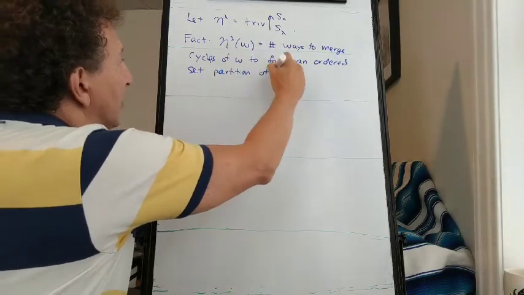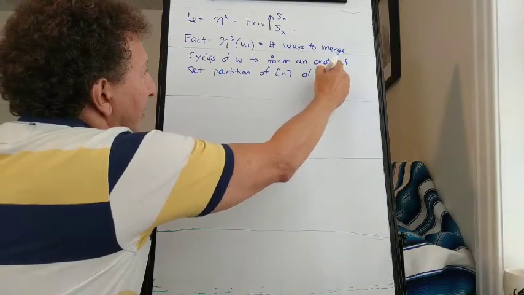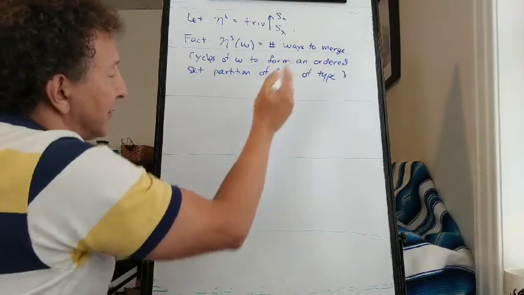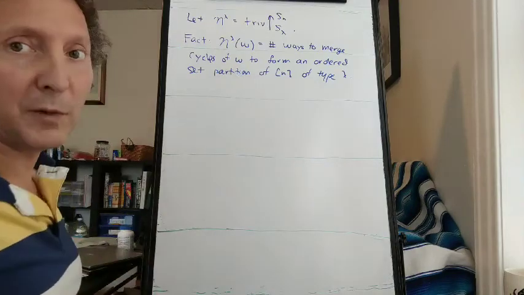An ordered set partition of 1 through n of type lambda. I guess it would have to be 1 through n because the elements of the cycles of W are letters 1 through n.